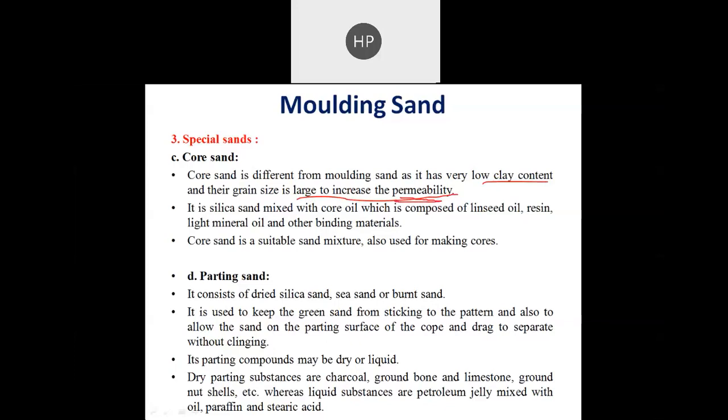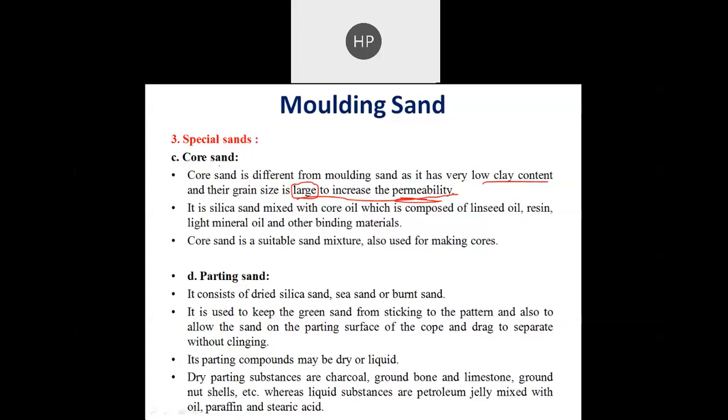Here we require a higher permeability, so the grain size of the sand will be kept large, so that all the air and gas can easily go out from the sand, because this core is used to make the hollow part in the molds.